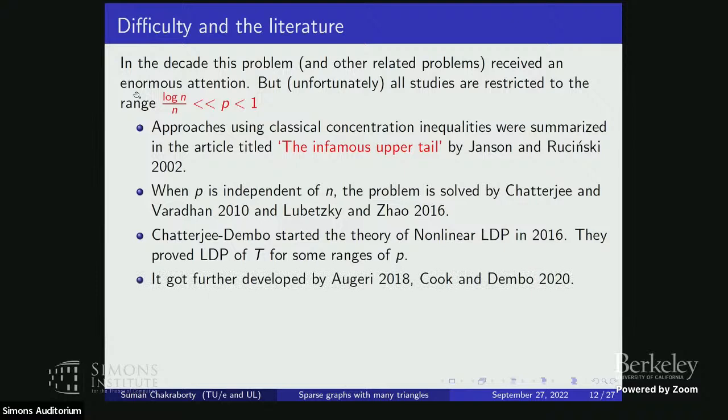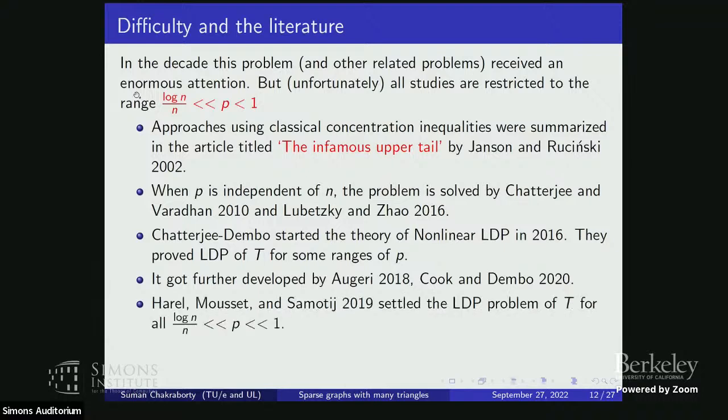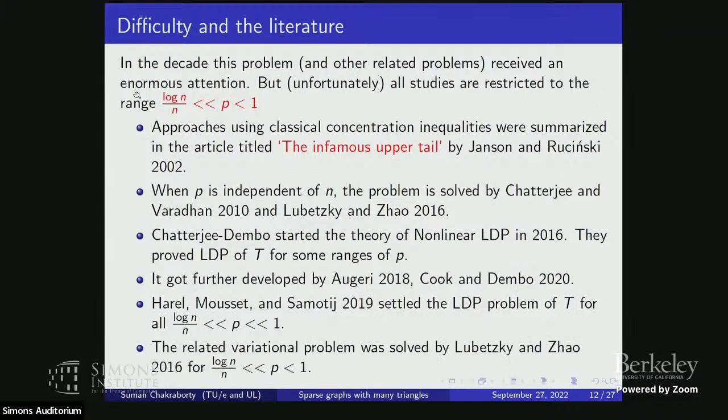And it got further developed. In this paper, the range of p got slightly smaller. And in this paper, actually a different problem, the eigenvalue problem, was studied, but all in sparse settings. Finally, this problem got settled in this whole range by this paper by Harel, Mousset, and Samotij. And the related variational problem was solved by Lubetzky and Zhao, again in this paper.